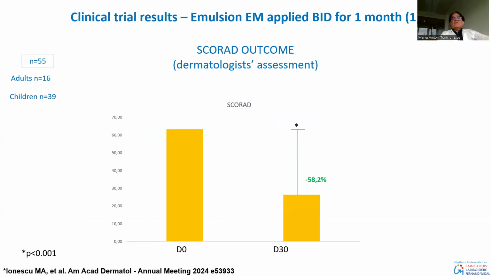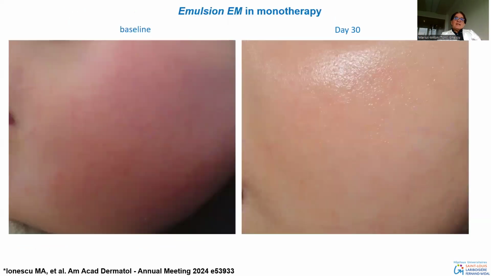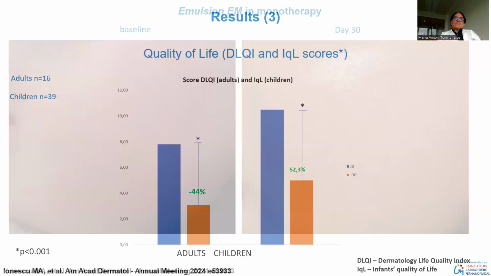These are the results in terms of SCORAD outcome, which significantly decreased after 30 days of twice daily application of this emulsion. And here you can see some clinical results in terms of improvement of erythema, but other signs also improved.